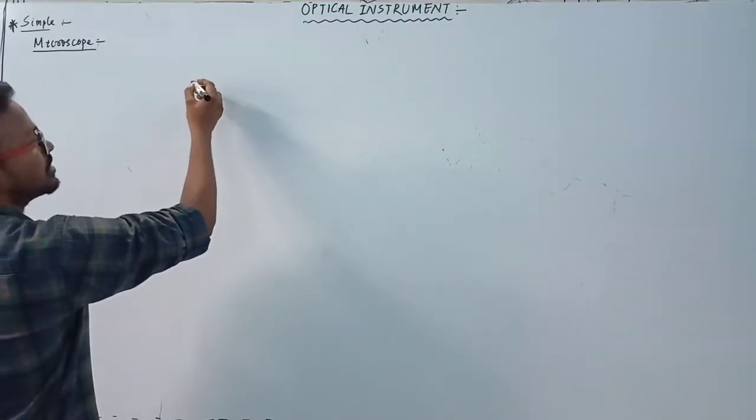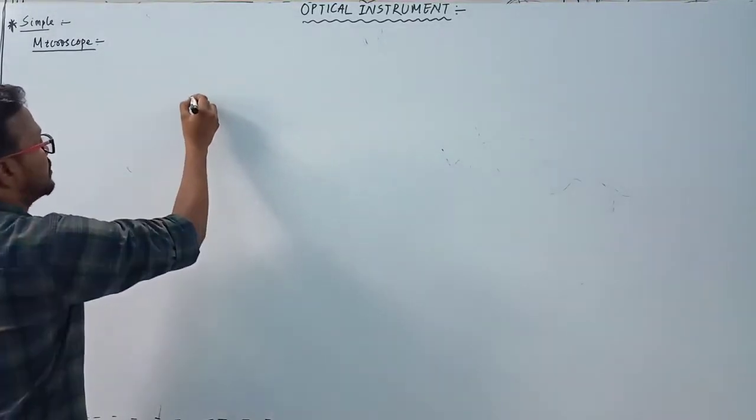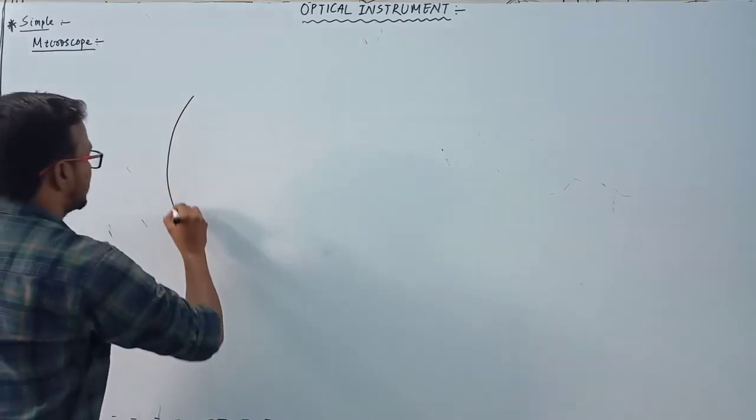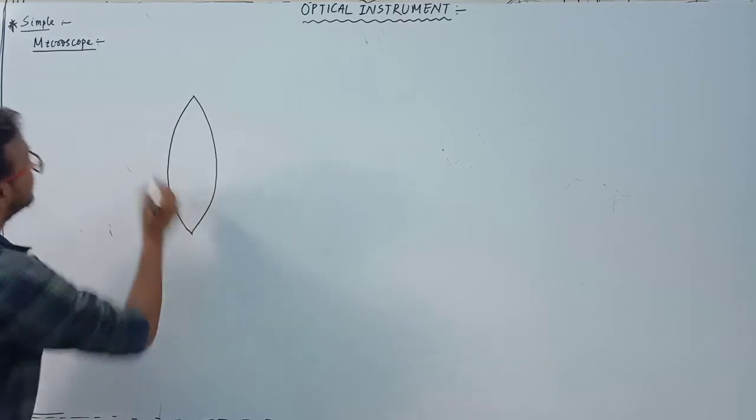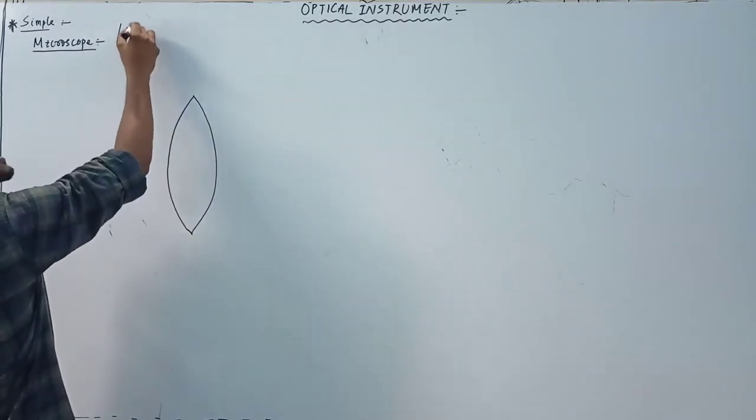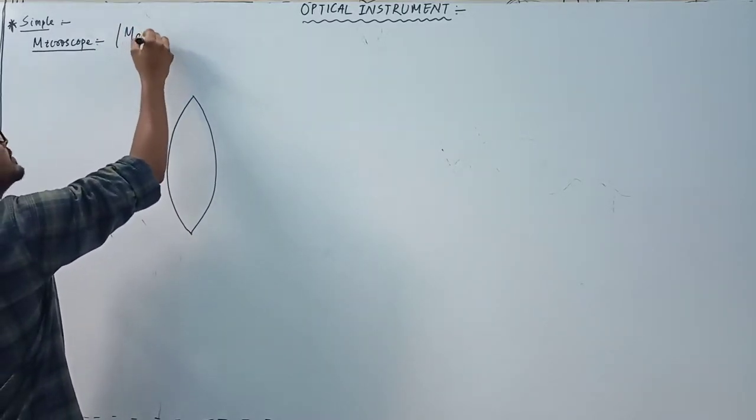Now we will go for the simple microscope: construction, working and magnifying power. So first we will discuss the simple microscope and its construction. Suppose we have a lens here. This simple microscope is also known as a magnifying glass.